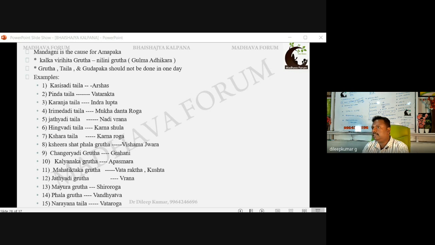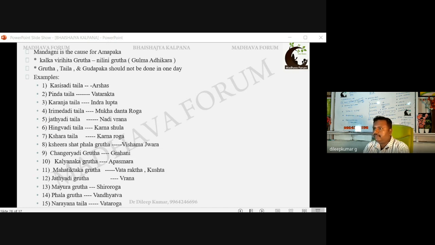If kapha increases in the lungs, the kapha will increase in the stomach. That's why after Vamana, the patient will be all right. If you give Sadyo Vamana to an asthma patient, the patient will be all right. We give medicine for the stomach, and all the stomach content comes out through the vomitus. We have not treated the lungs here, but the patient's kapha in the lungs reduces. The patient will be symptomatically all right.